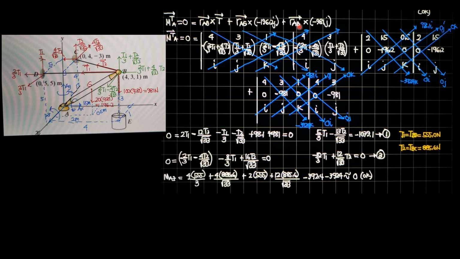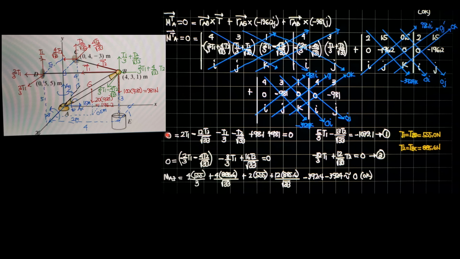Then plus RAB, RAB again is 4, 3, 1, then negative 981 j, 0, negative 981, 0, i, j, k, then copy the elements of the first two columns. So for i, we have here 3 times 2/3 T1 i, so that's 2 T1.